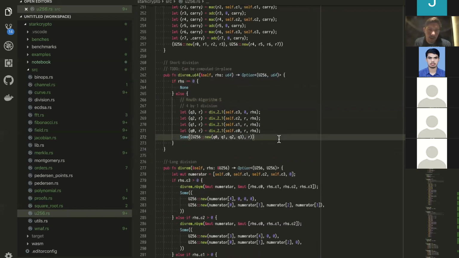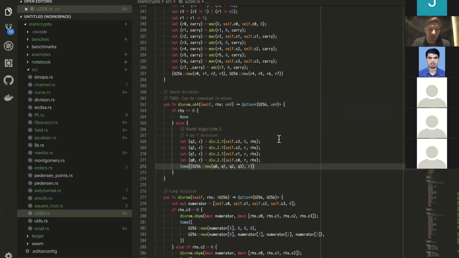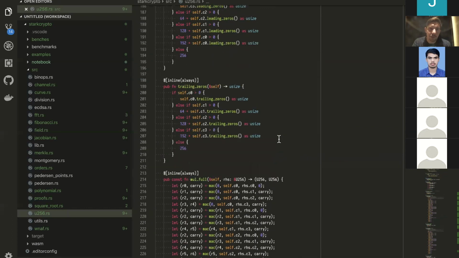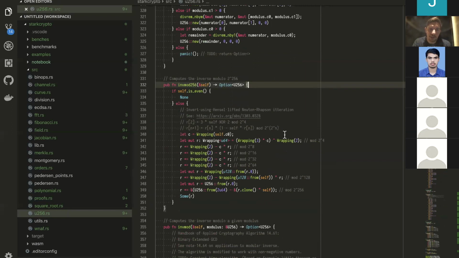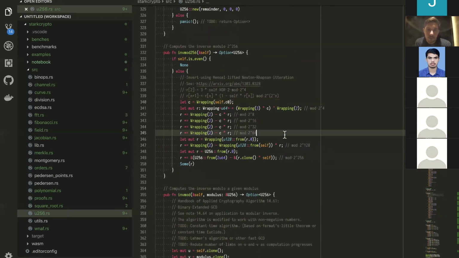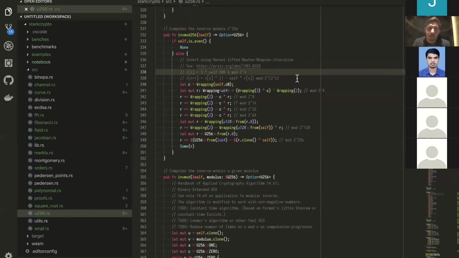Actually, there is a similar trick that allows you to do inversion in U256 using Hensel's lifting lemma. It's a trick that allows you to do really fast inversions modulo 2 to the power of 256 using just a couple of multiplications. It's basically doing Newton-Raphson iteration on the inversion function.